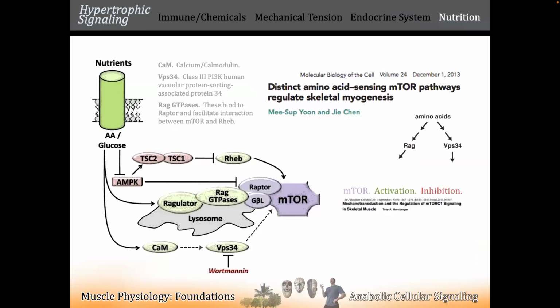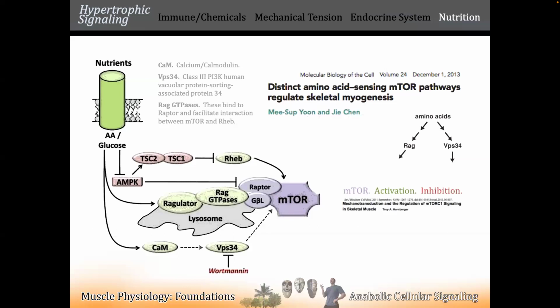So there are a couple of pathways amino acids go through, RAG proteins and then VPS34. Again, these RAG proteins localize mTOR to the lysosome, where it can interact with Rheb.